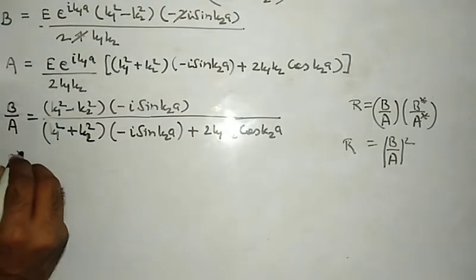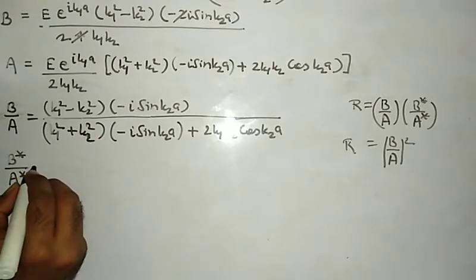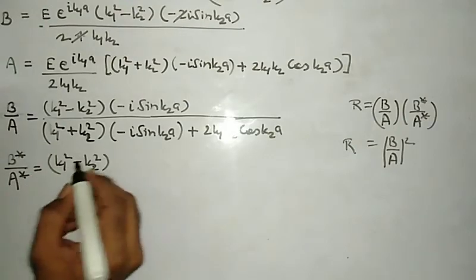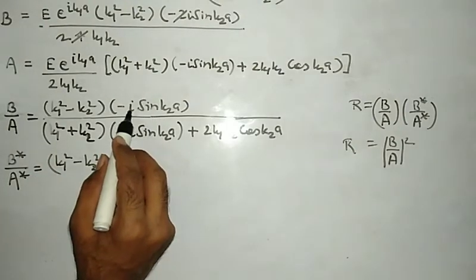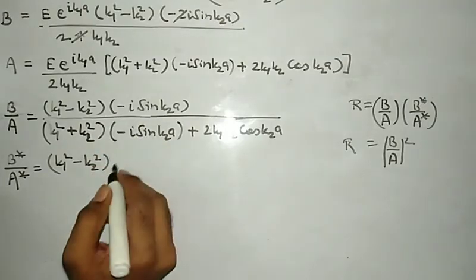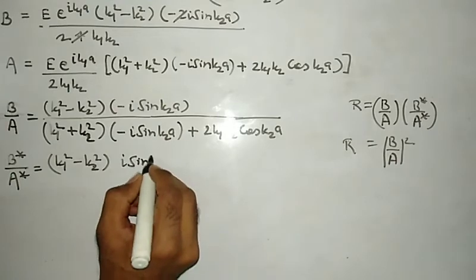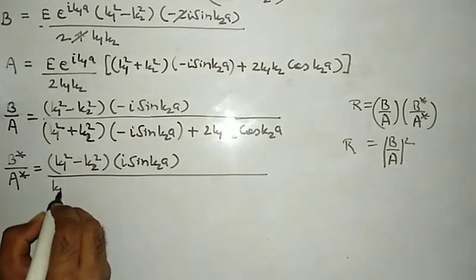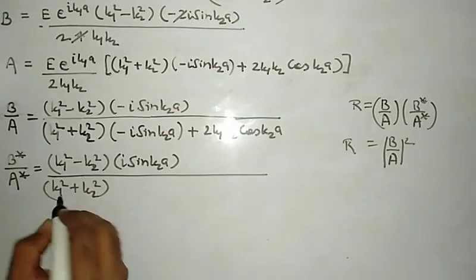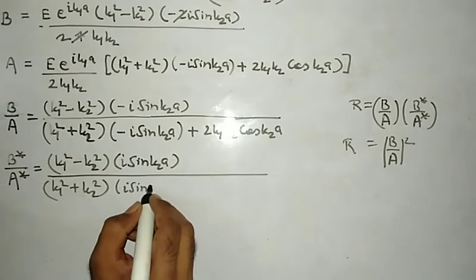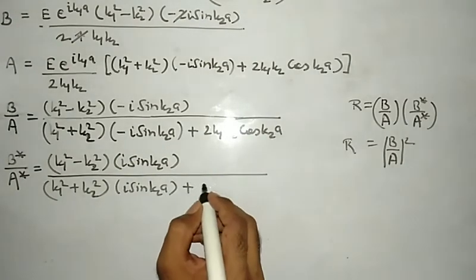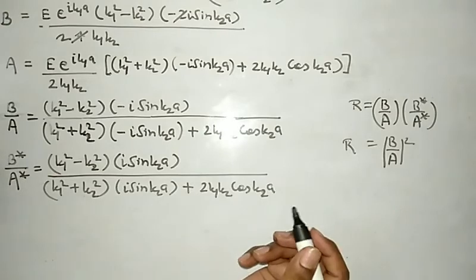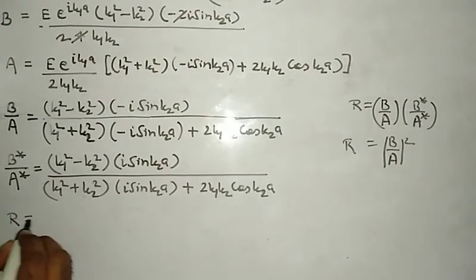So finding the complex conjugate b star by a star: k1 square minus k2 square, this will be negative, that will be plus i sin k2a, by k1 square plus k2 square, i sin k2a plus 2 k1 k2 cos k2a. So find r.